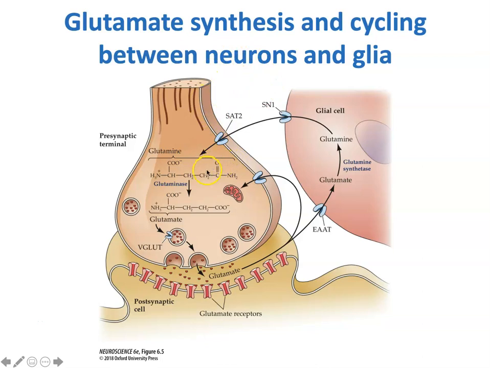And the way this is going to happen is essentially by utilizing astrocytes, remember those astrocytes, that will take up glutamate from the synapse, and glutamine synthetase, okay, so in the astrocyte, will convert glutamate to glutamine, and then glutamine will be transported out of the astrocyte and taken up by a transporter on the glutamatergic neuron.